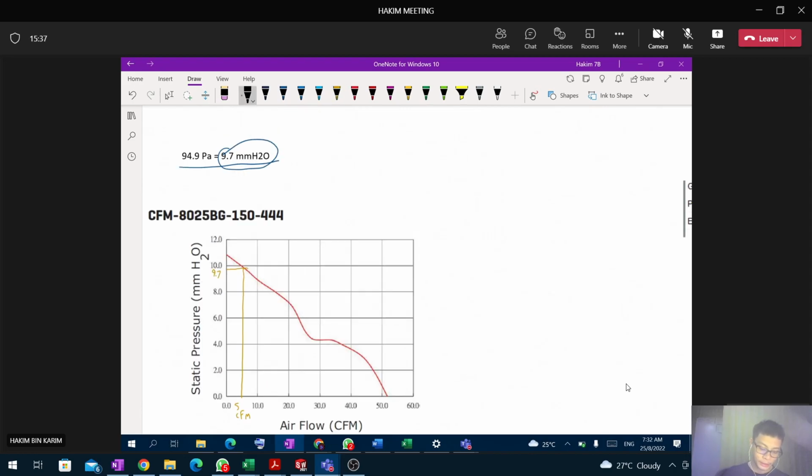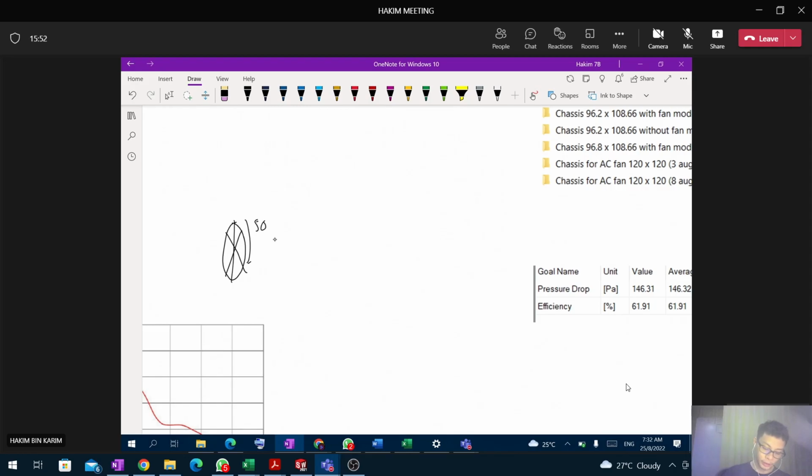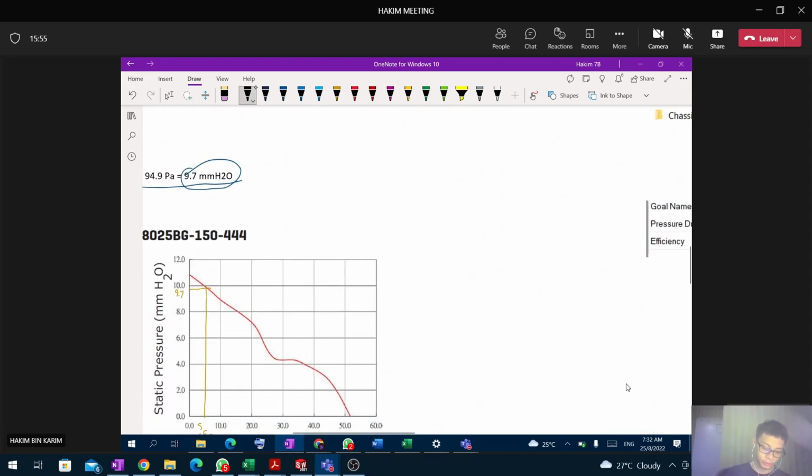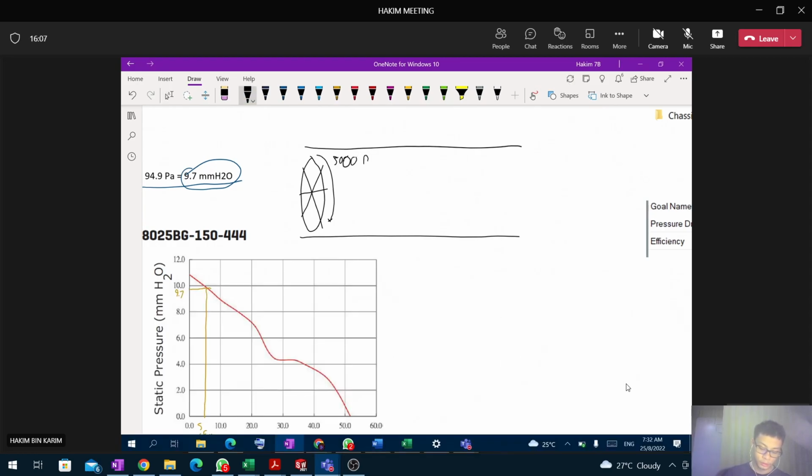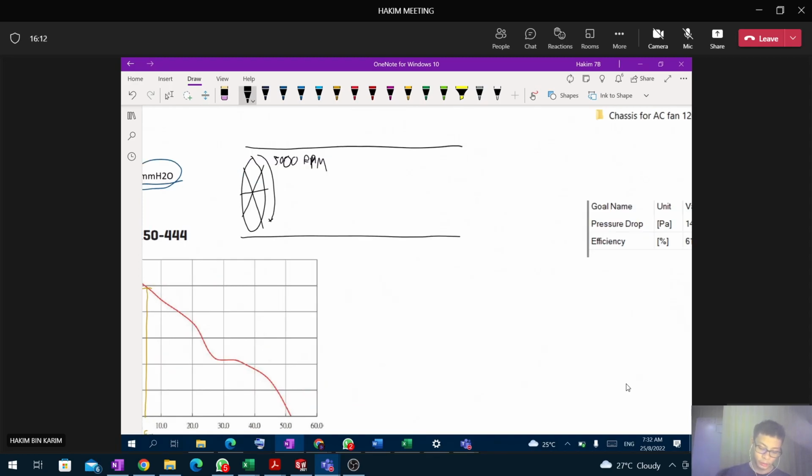So what it means, we have the fan rotating at 5000 RPM. Sorry, this is a very bad visualization. I'll try to make it clearer. So we have the fan blowing at 5000 RPM, and we have the heat exchanger here.